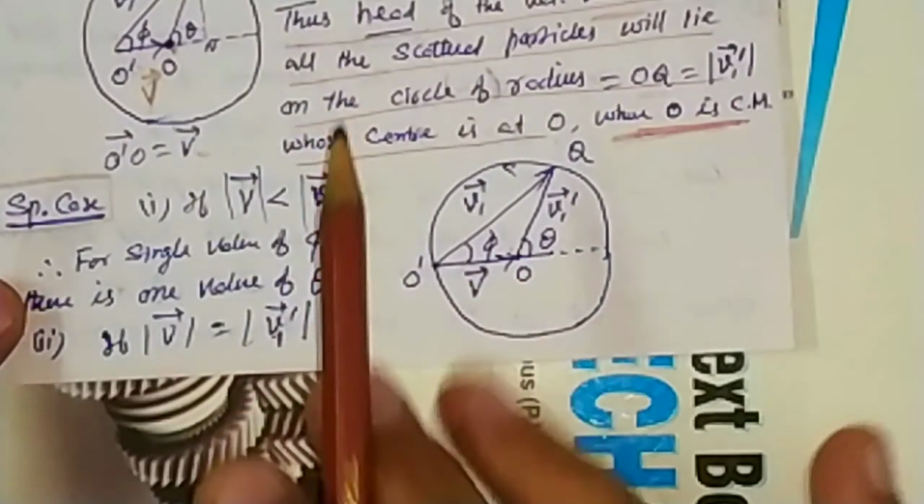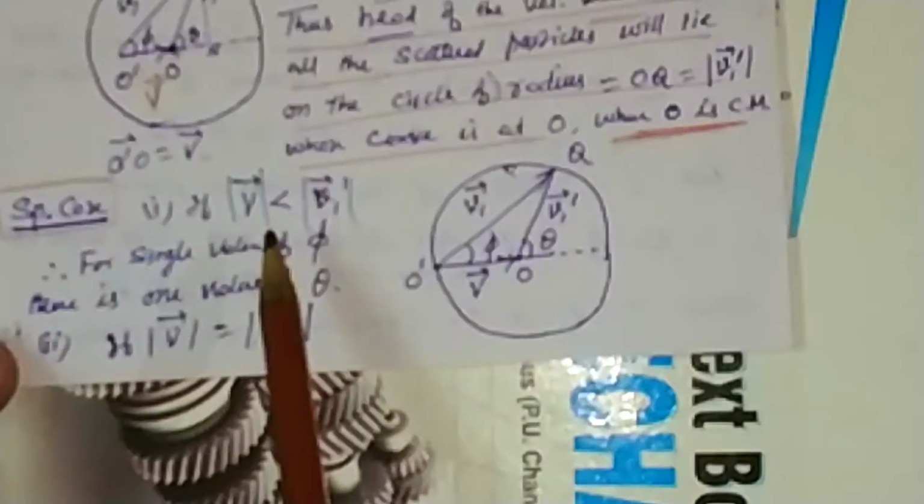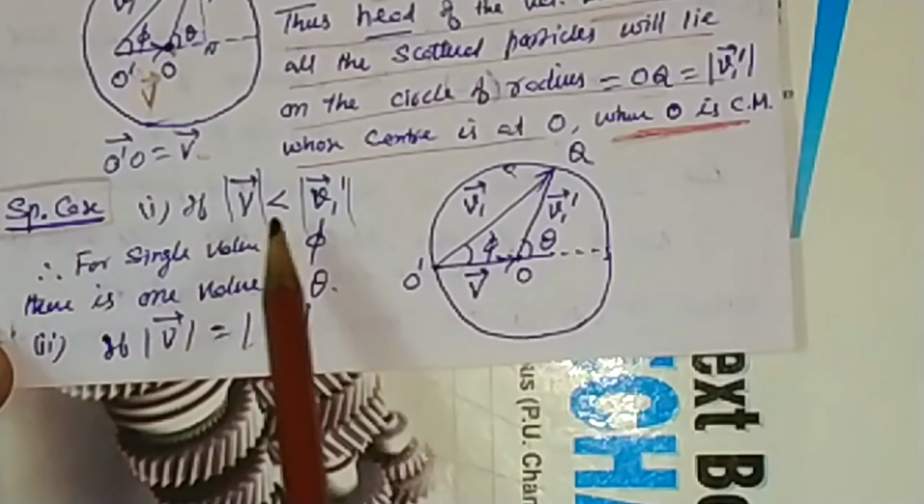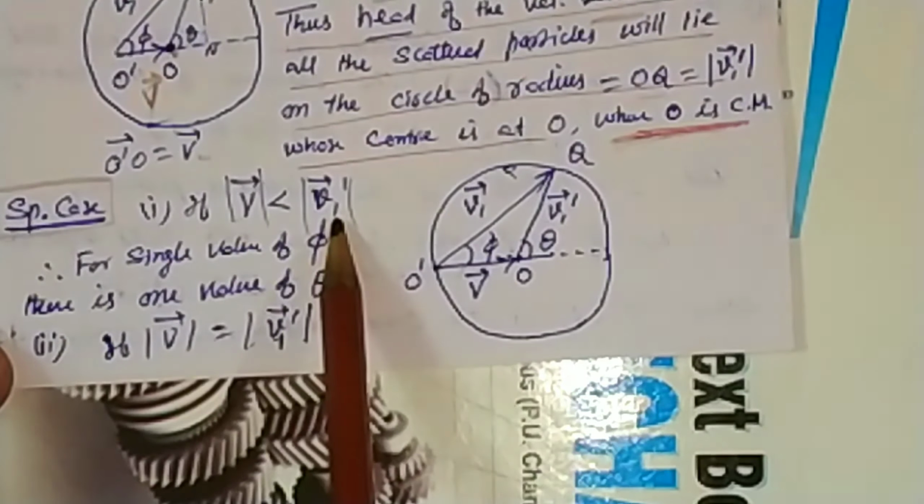So it is very clear if V is less than V1 dash vector, V is the velocity of center of mass in lab system, and V1 dash is the velocity of scattered particle in center of mass system.